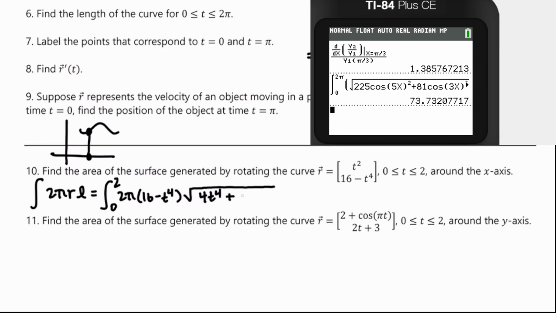I would square that and get 16t to the 6, with respect to time. It's definitely a job for the graphing calculator.